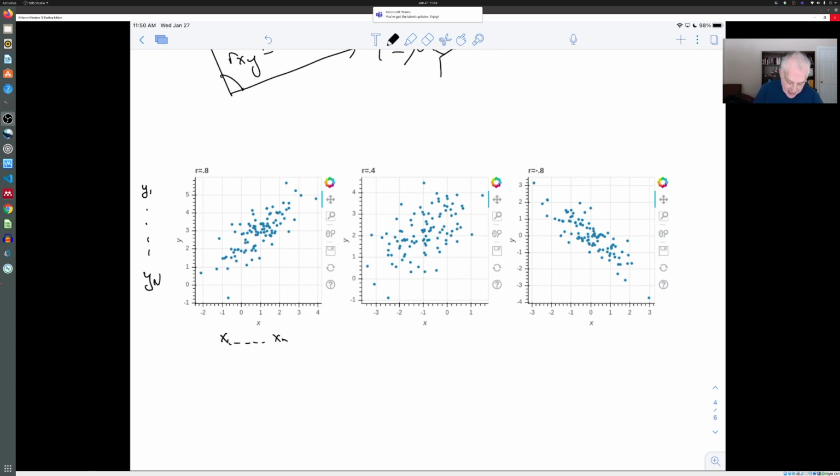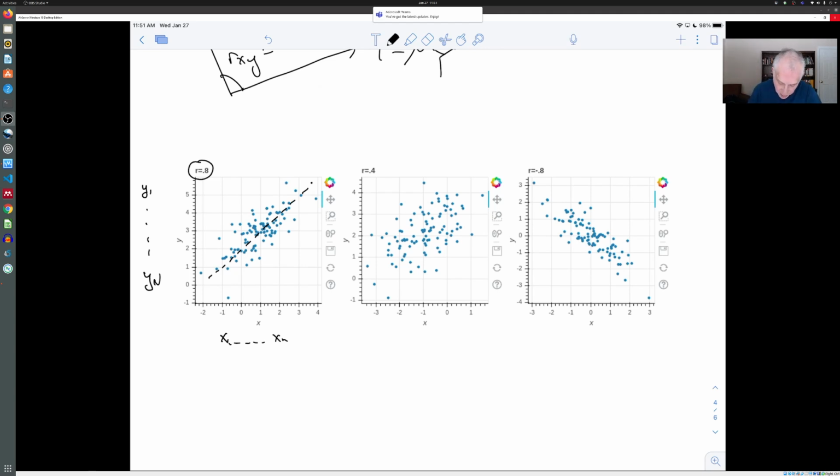This data set has an r value of 0.8, so the cosine of the angle between x minus mu x e and y minus mu y e is 0.8. As you can see, there is a relationship between x and y. As x increases, y increases, and the values of y and x are somehow close together. In fact, there's a strong sense that you have a linear relationship between x and y, which goes like this.